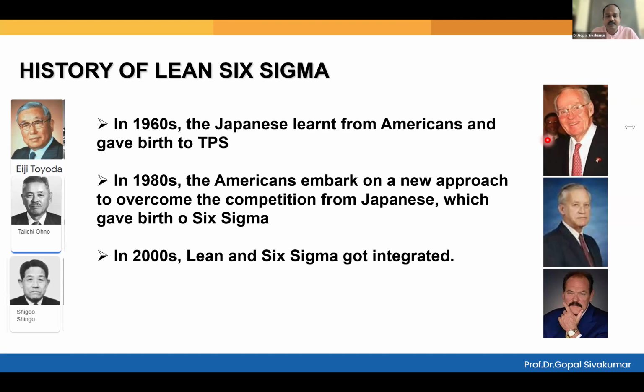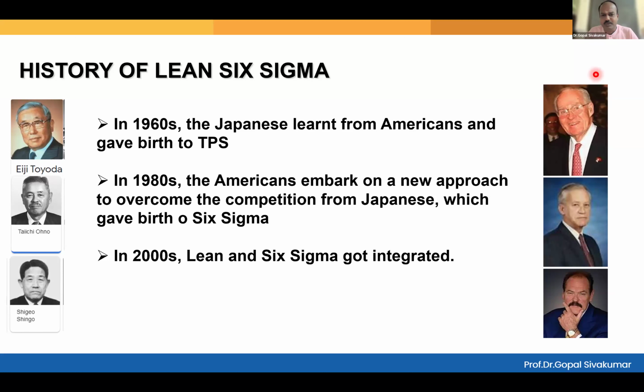Prior to 2000, Lean was deployed separately, and Six Sigma separately, certain companies following Lean, certain companies following Six Sigma. But now, wherever Six Sigma is implemented, Lean is also integrated there. Wherever Lean is integrated, Six Sigma is also deployed, because one can complement the other very well. So from 2000 onwards, the integrated approach has become very popular. We call it Lean Six Sigma.